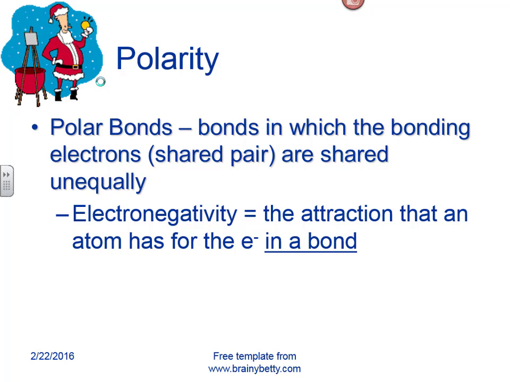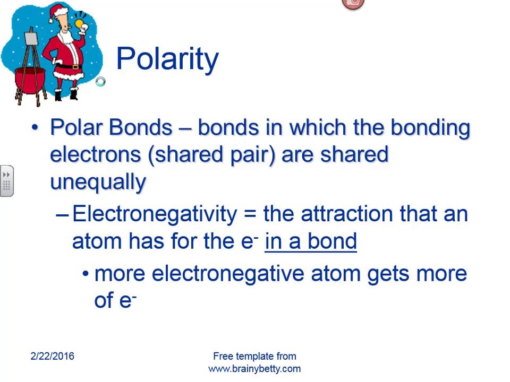The electronegativity is the number that tells you that. The more electronegative of the two atoms gets more of the electrons. Another way to say that would be that the more electronegative atom has the electrons being closer to it. It's got a stronger attraction for those electrons.